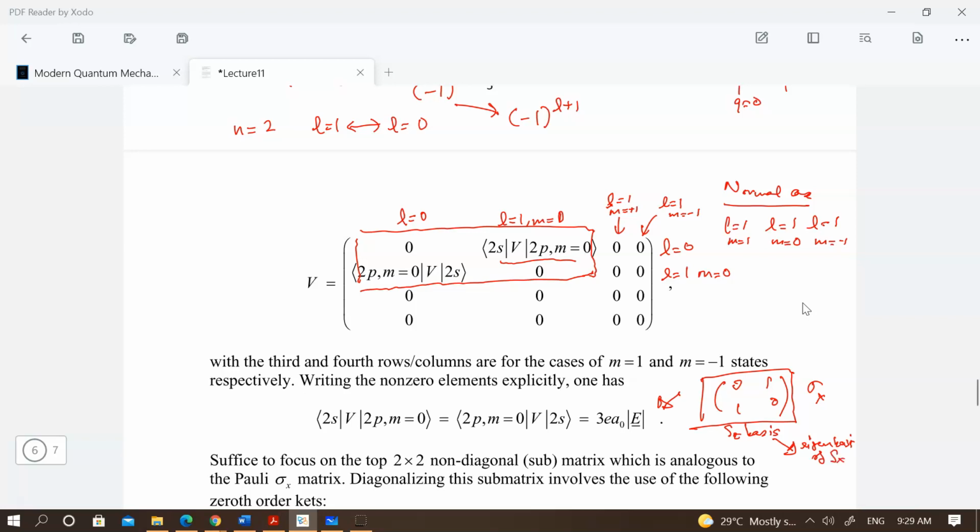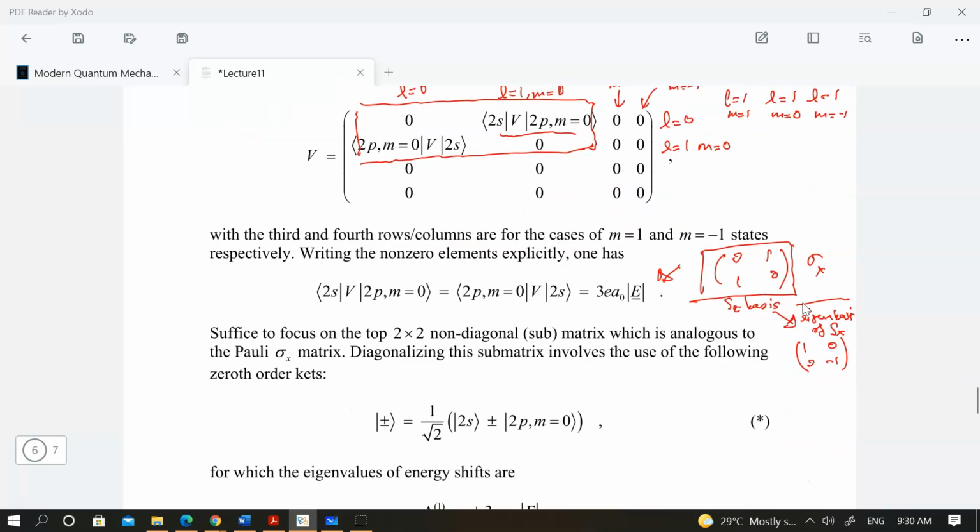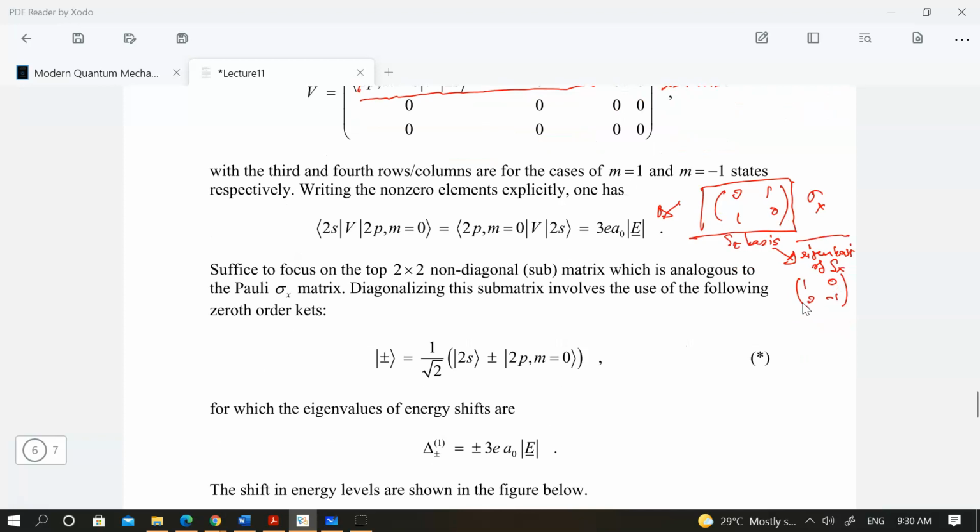When you use the eigenbasis of Sx, then this will change to 1, 0, 0, minus 1, provided you use the eigenbasis of the x component to diagonalize this. So we do the same over here. Remember, in terms of your plus minus x, this is from the spin lectures. It will be just plus minus.